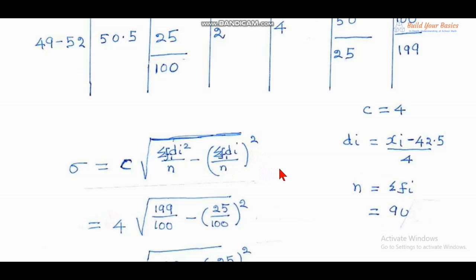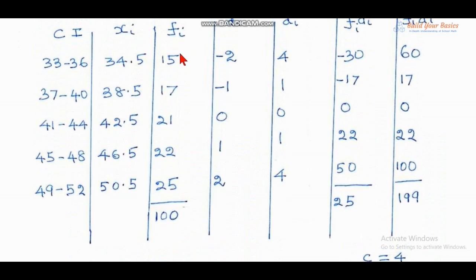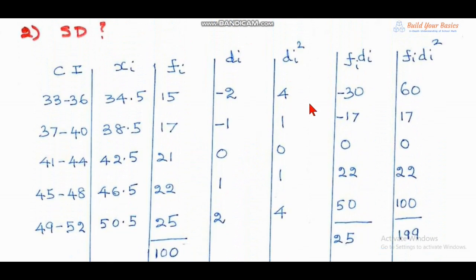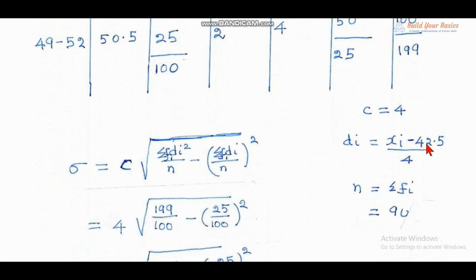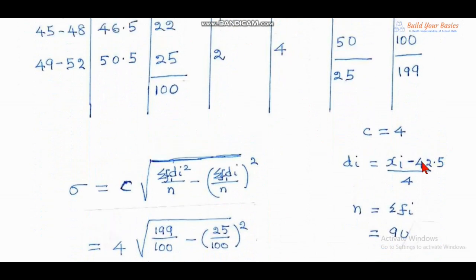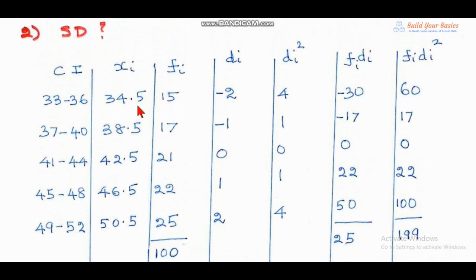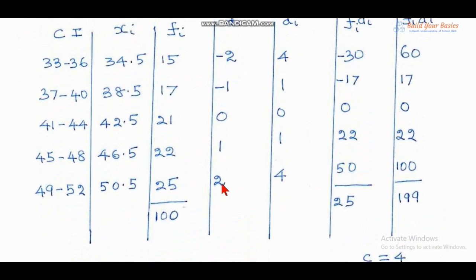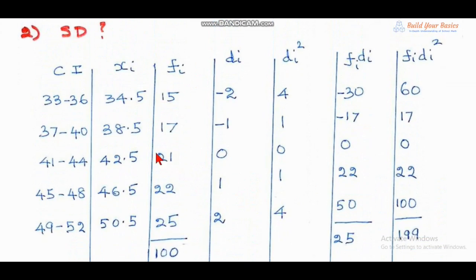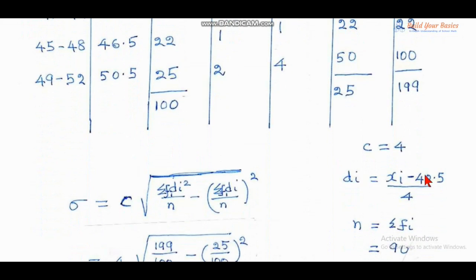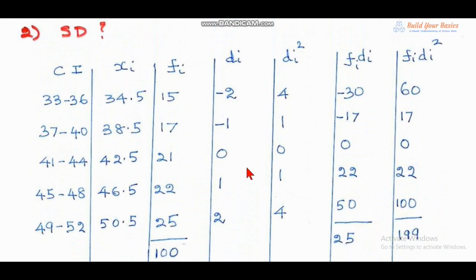So we have to open the column di. Di is equal to xi minus 42.5 by 4. So di column: xi minus 42.5 divided by 4, that is 34.5 minus 42.5 divided by 4, that is minus 2.